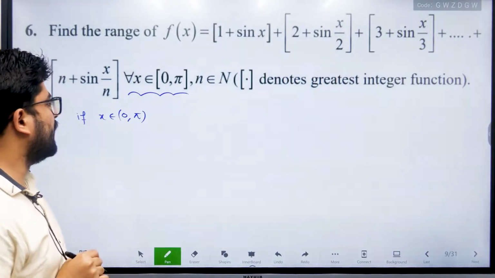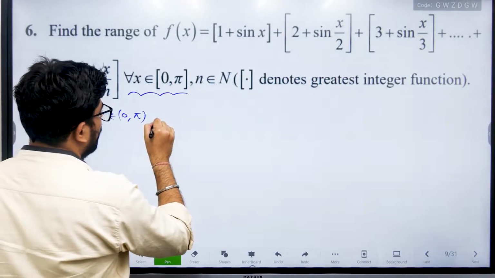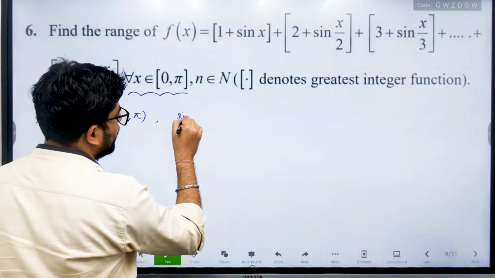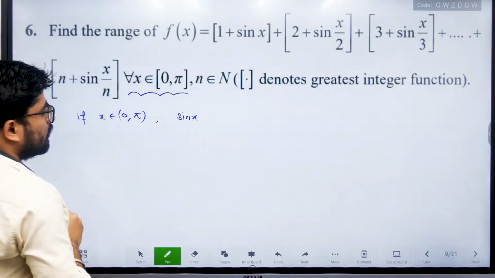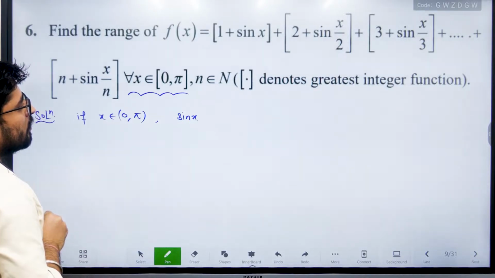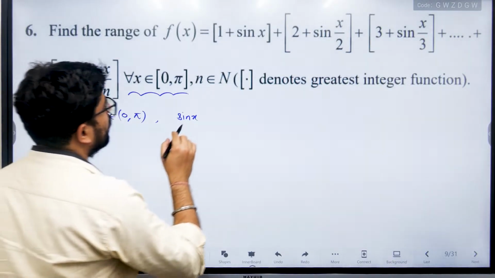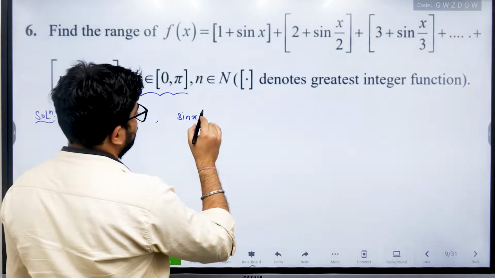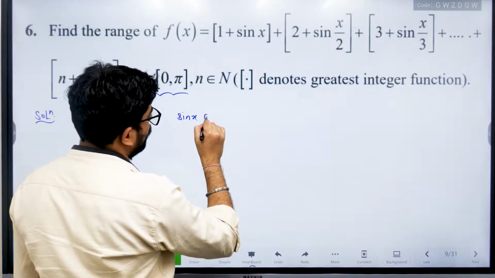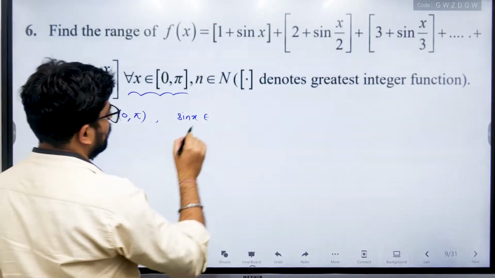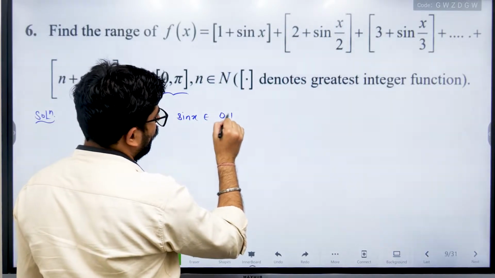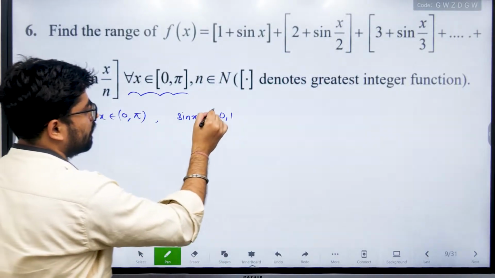other than 0 and pi, then sin x belongs to (0, 1), open.